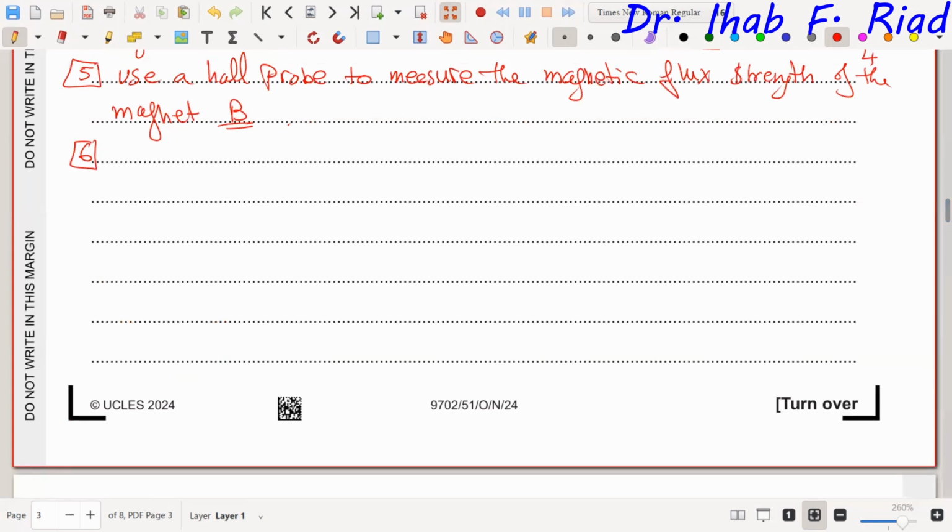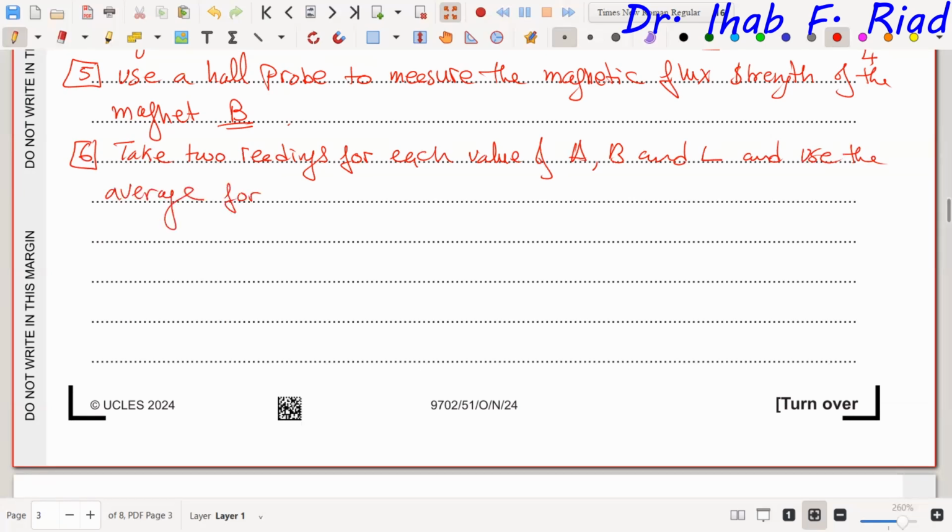We should tell him that each of these we should measure twice and find the average, and we should keep them constant. Yes. Okay. Take 2 readings for each value of A, B, and L, and use the average for further calculation.